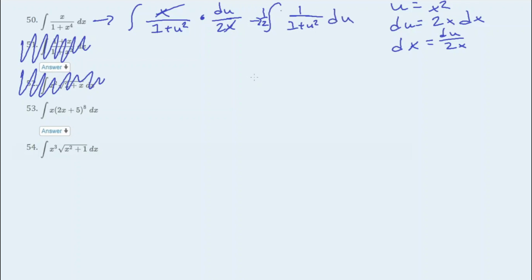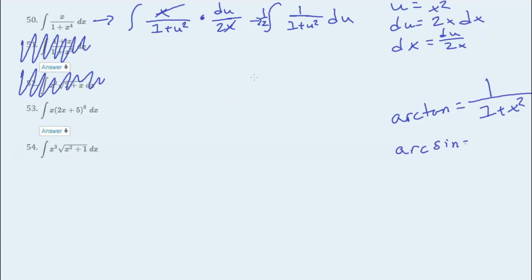So this involves some rules that are important to know, especially arctan. So what is the antiderivative of this? The antiderivative of this would be arctan, because the derivative of arctan, in terms of a function of x, is 1 over 1 plus x squared. And you could see we kind of have that in u. Now these two are also important, arc sine and arc cosine.